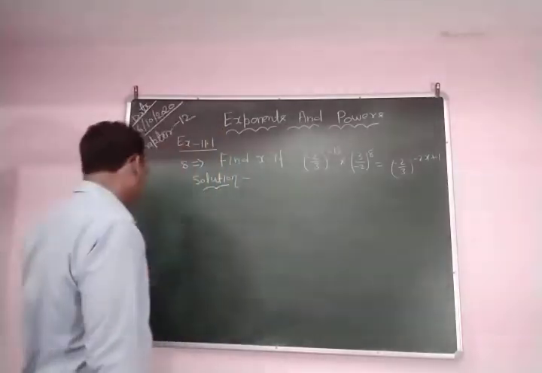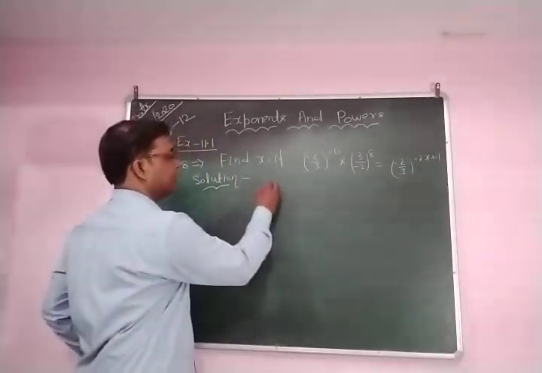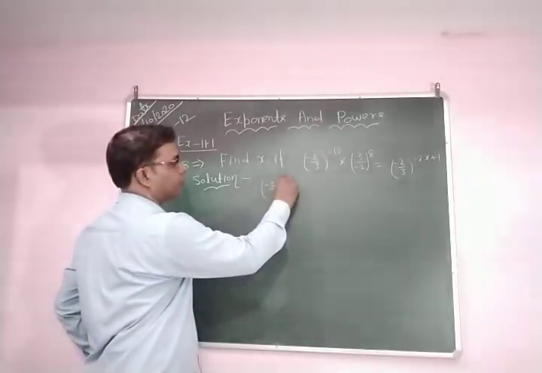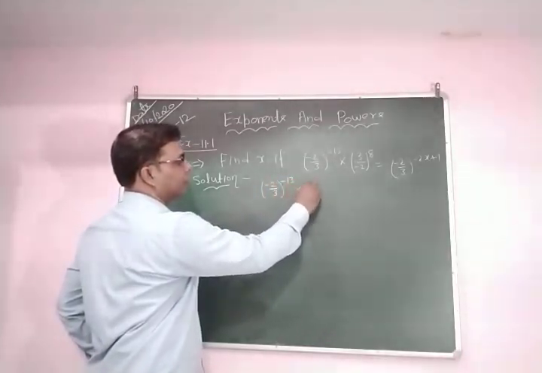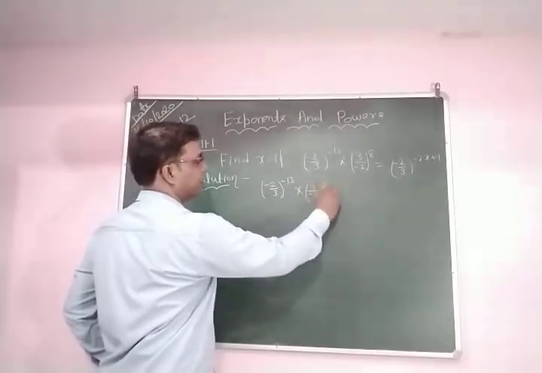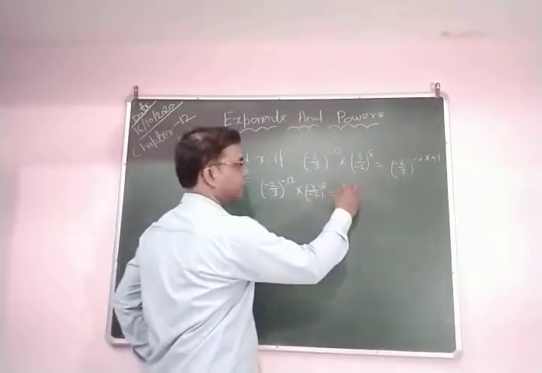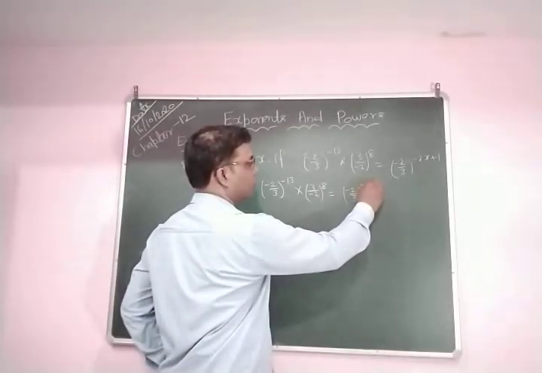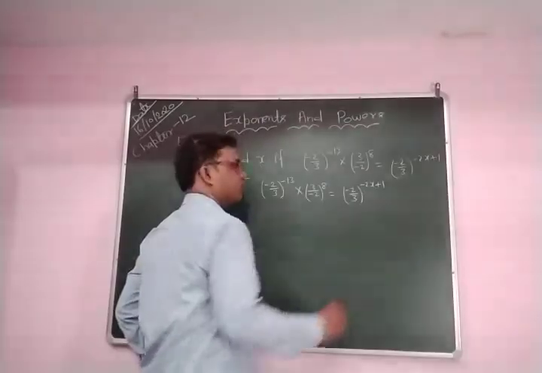So first we write it as it is, minus 2 by 3 power minus 13 into 3 by minus 2 power 8. This is equal to minus 2 by 3 power minus 2x plus 1.